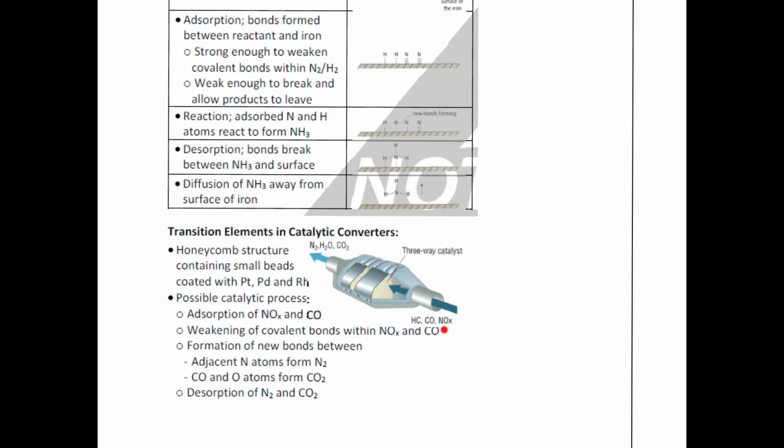So weaken the bonds and form new bonds between adjacent N atoms to form N2. So the N and the N will form N2. The CO and the O will form CO2. And then desorption happens and they are released from the catalyst to form something more environmentally friendly, N2 and CO2.